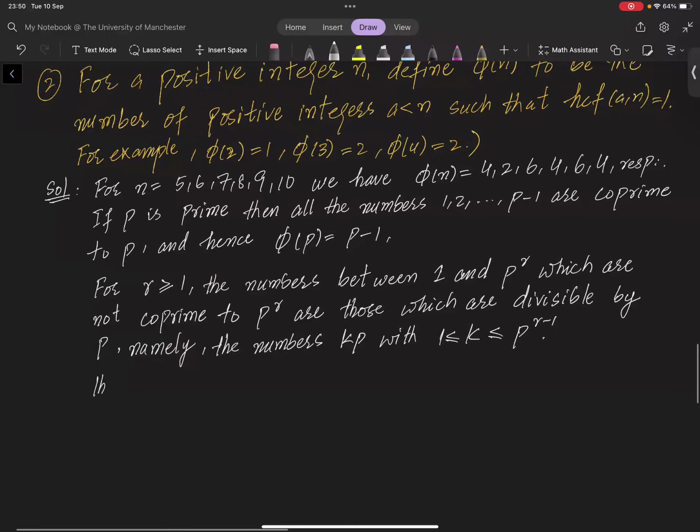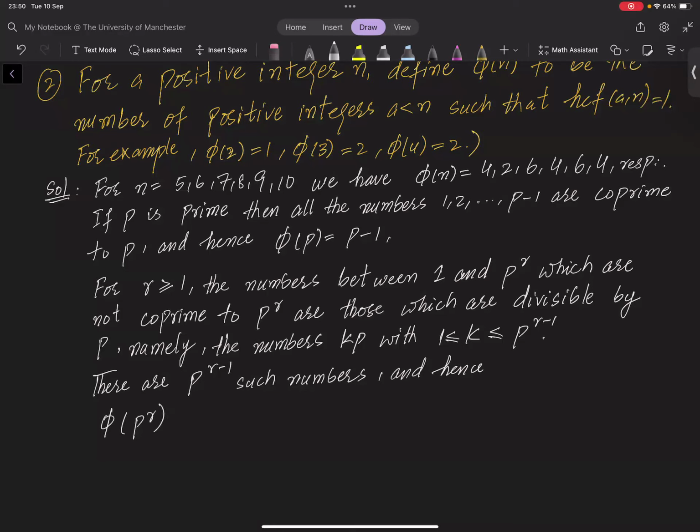There are p to the power r minus 1 such numbers. And hence phi of p to the power r is nothing but p to the power r minus p to the power r minus 1. Okay, perfect.